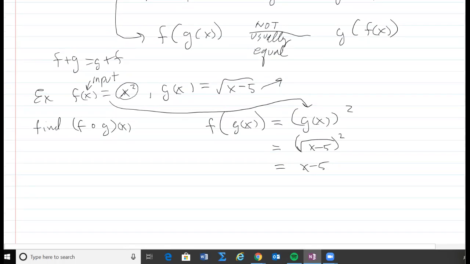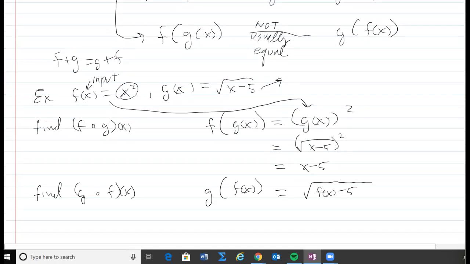Okay, now we could also have said to find g of f of x, or g of f and x, some people would say. This one would be g of f of x, like that. Starting with your g, we would have this f of x stuck in here minus the 5.